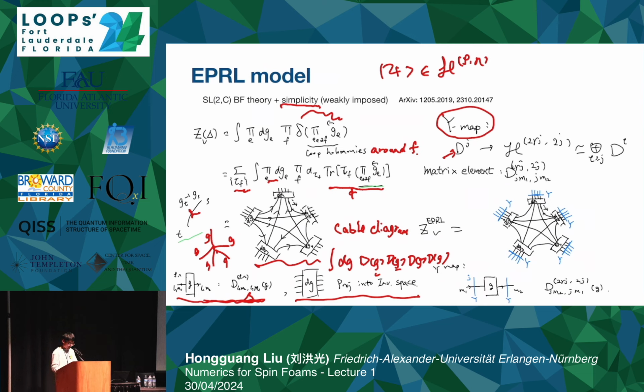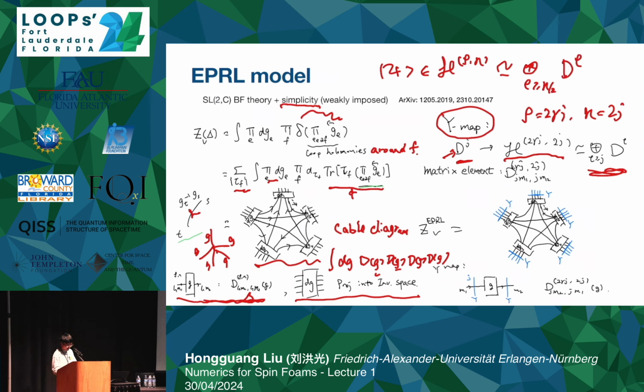We restrict it to the space that is isomorphic to the SU2 representations. And this goes by the Y map, which maps the SU2 representation into this very special representation of the SL2C, where rho is equal to 2 gamma j, and n is equal to 2j, and we only take the lowest l. If you remember, the SL2C Hilbert space is isomorphic to a sum over all possible l, which is larger than n over 2, of the d^l.